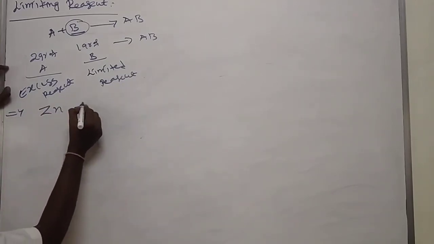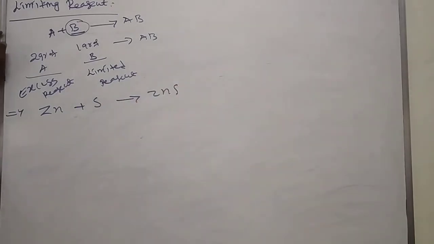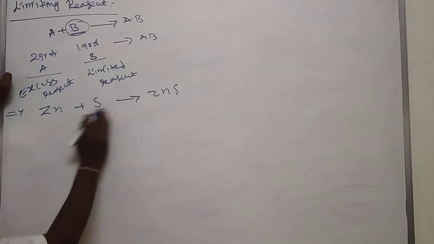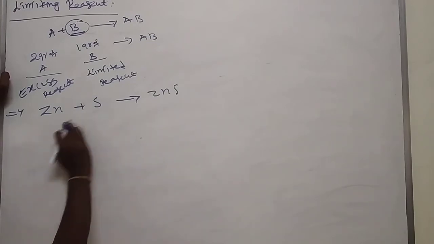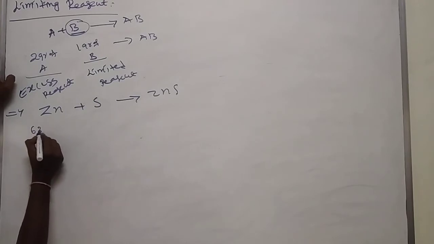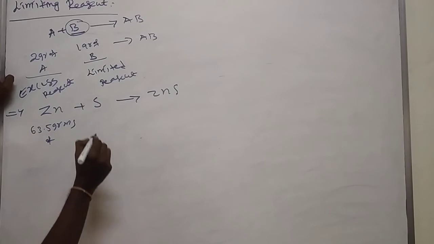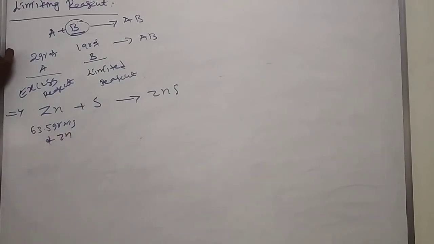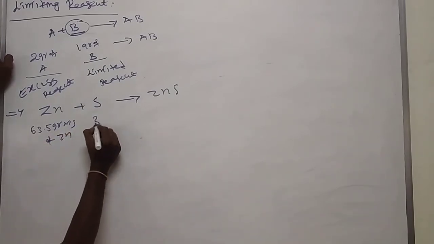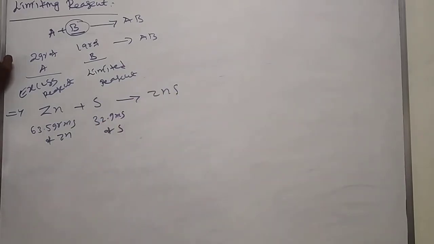In continuation, we'll see zinc reacts with sulfur and forms zinc sulfide. Here we'll see which is the limiting reagent. 63.5 grams of zinc reacts with 32 grams of sulfur, forms zinc sulfide.